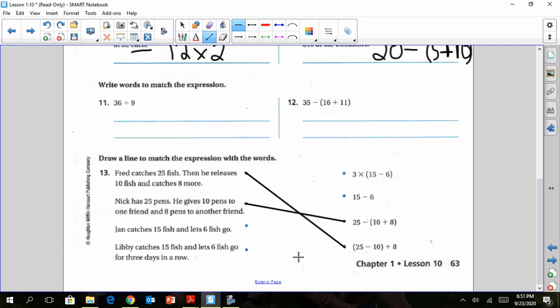Jan catches 15 fish, lets 6 go. So we have 15, we take away 6. That would be this expression here. And then Libby catches 15 fish. She lets 6 go, and she does that for 3 days in a row. That expression up top.